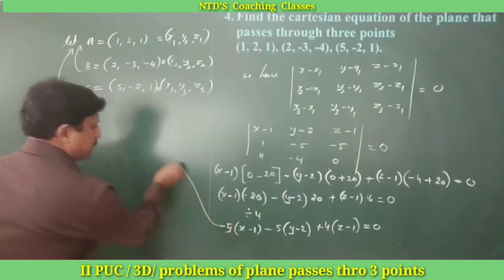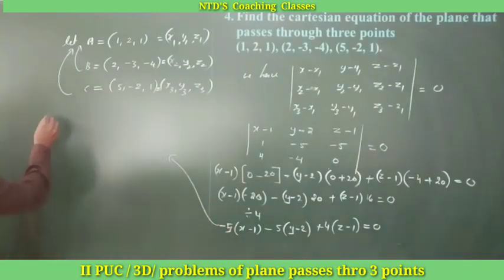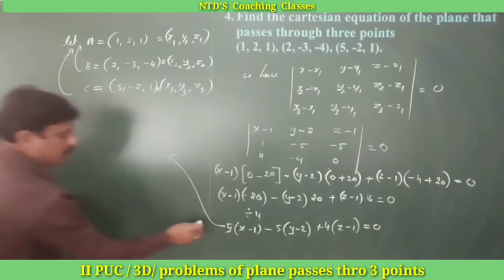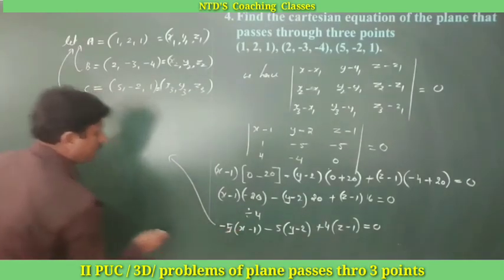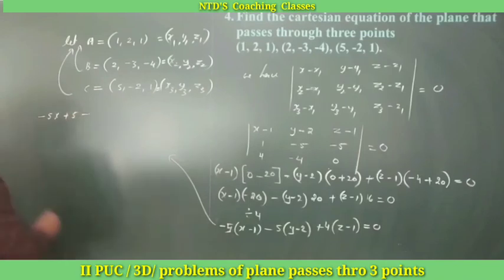I will write here: minus 5 into x, minus 5x. Minus 5 into minus 1, plus 5.